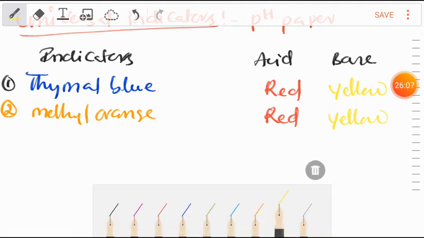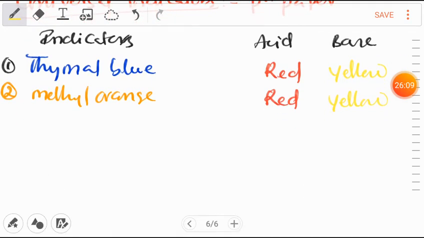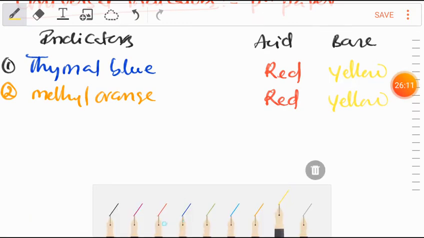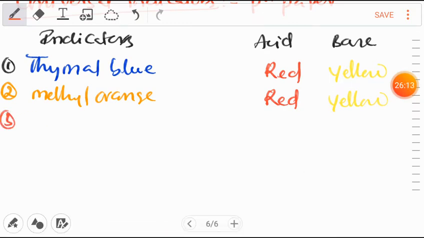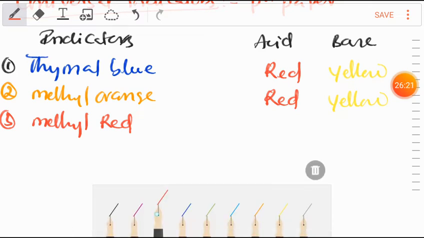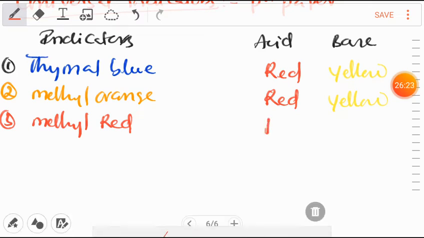And third one, methyl red. So another one is methyl red, which is somewhat red in color. Same result, it will give red, yellow.